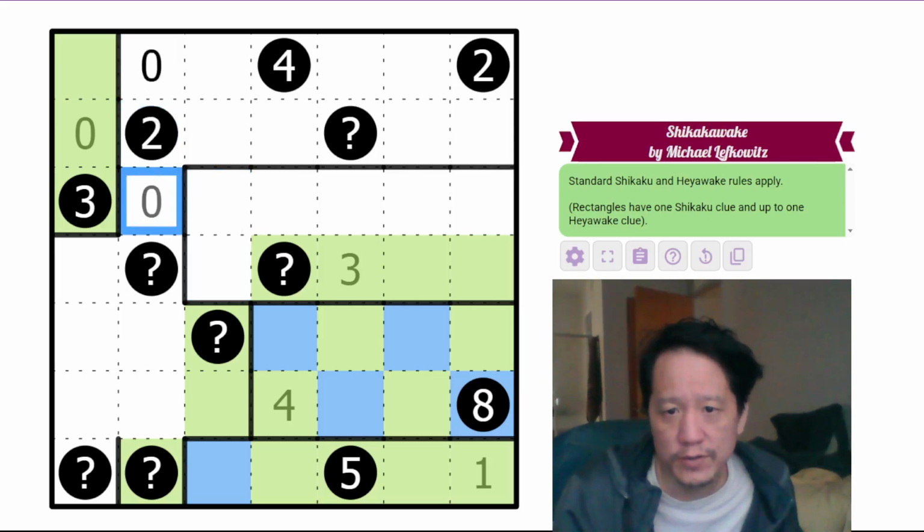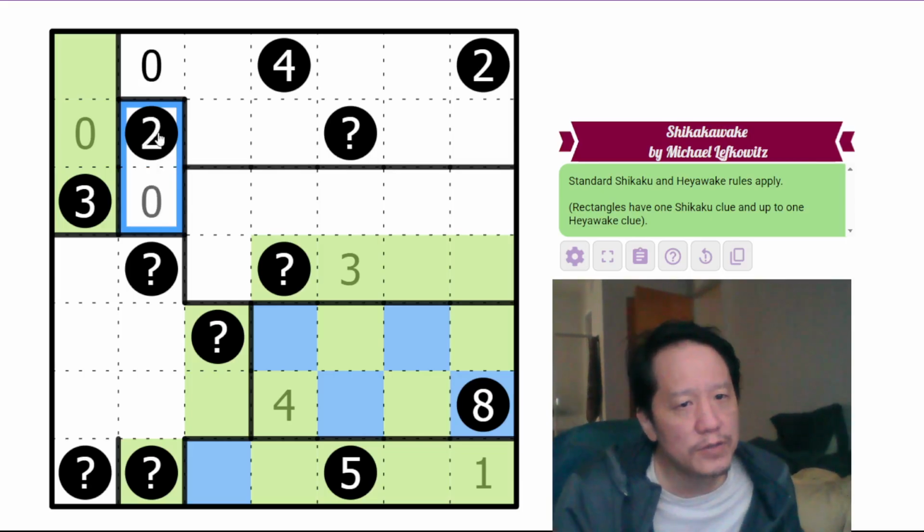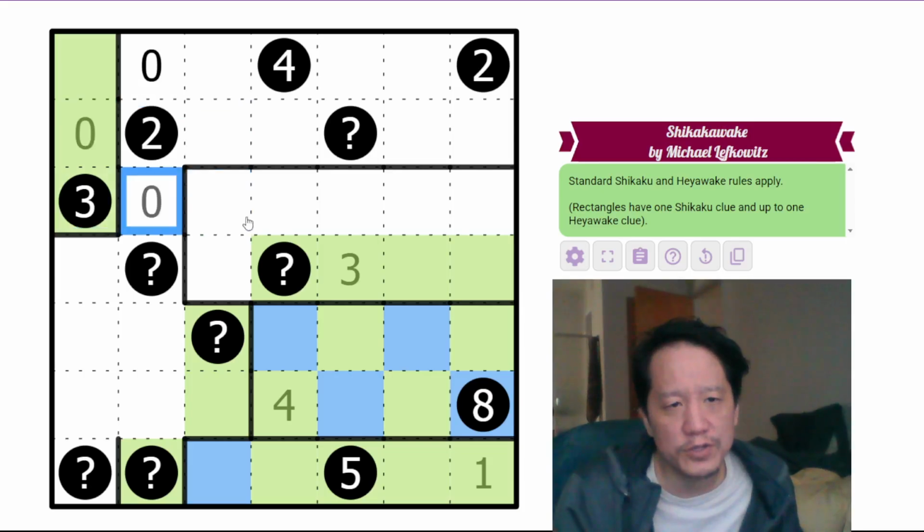So say we went this way, okay. Then these would both, okay, so the same problem here. If we tried going here, these would both be green and these would both have to be blue to make sure that you don't have 3 rooms worth of unshaded cells. So this must go this way then. So this has to go this way.